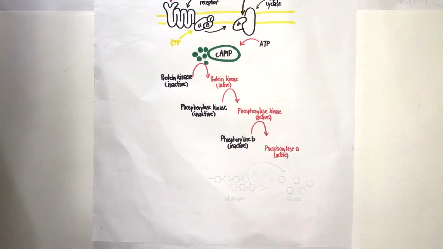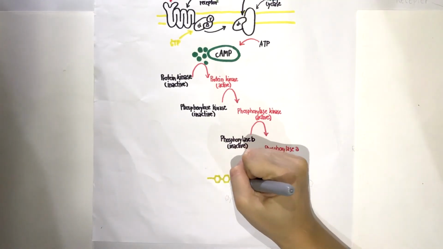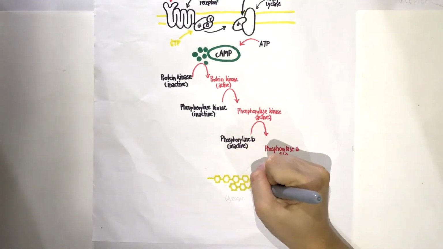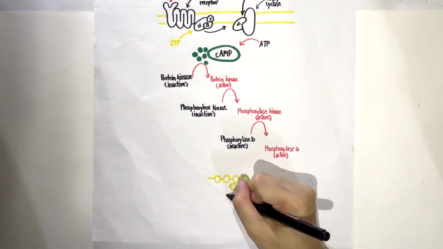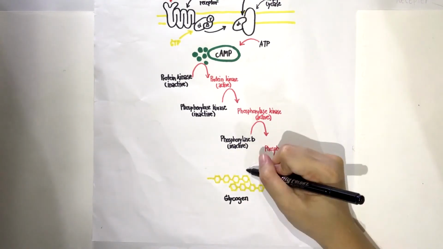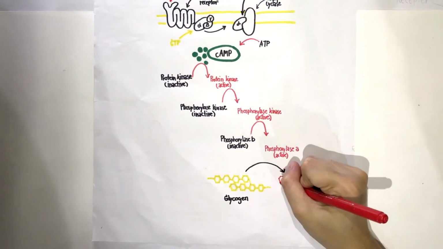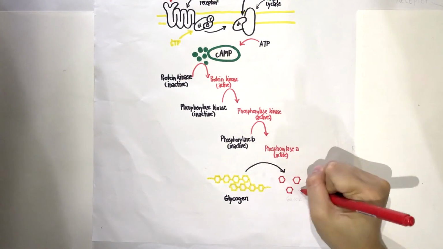This leads to conversion of glycogen phosphorylase from phosphorylase b to phosphorylase a, the more active form, and thus to an increased rate of glycogen breakdown.